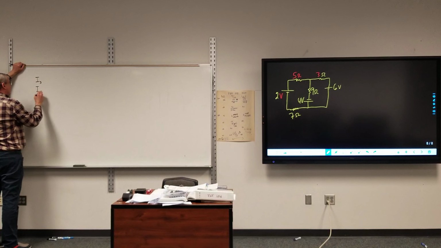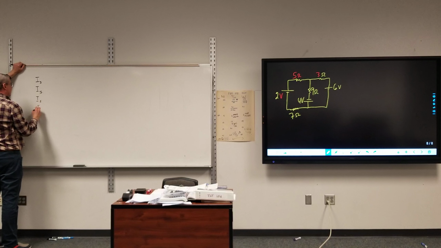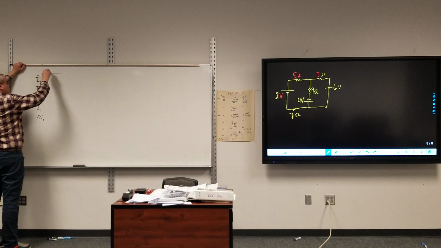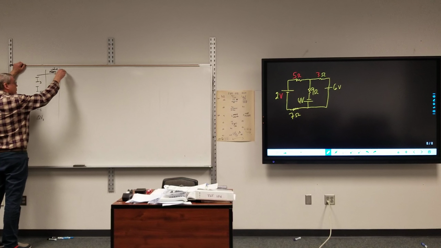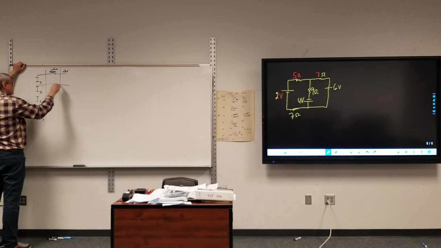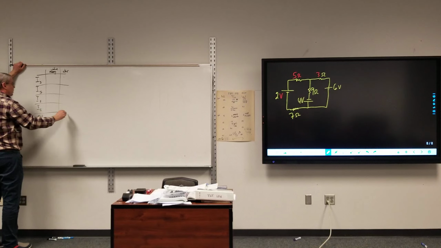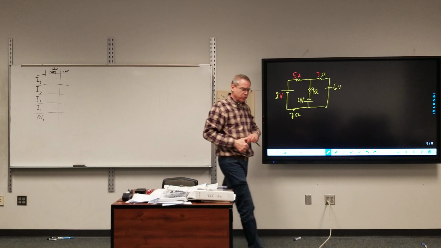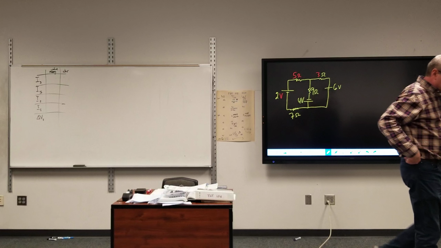I3, I5, I7, I9, and delta V7. Value, direction. These are not vectors, even though there's a magnitude and a direction. We're not dealing with vectors.